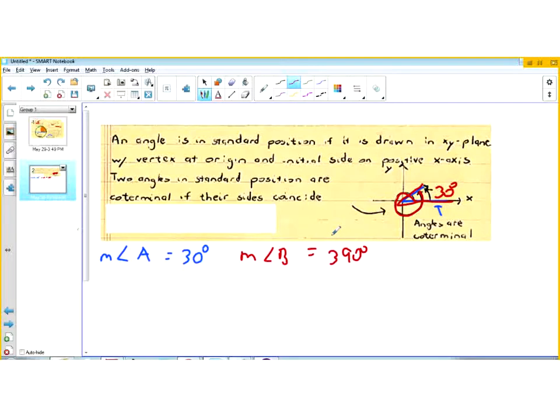You notice that both of the angles are in standard position, the initial sides of both angles are the same, and the terminal sides of both angles are the same. So these two angles are considered coterminal because their terminal sides line up, with the caveat that they're in standard position. Coterminal angles.